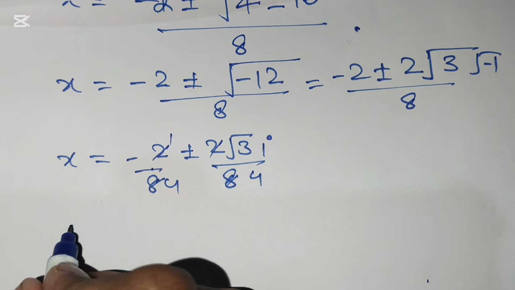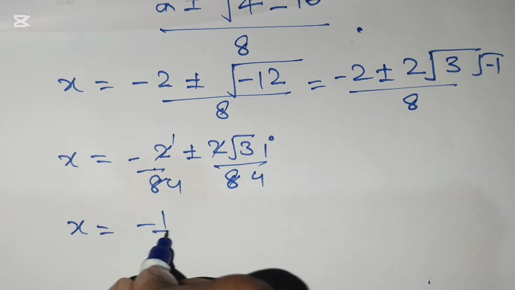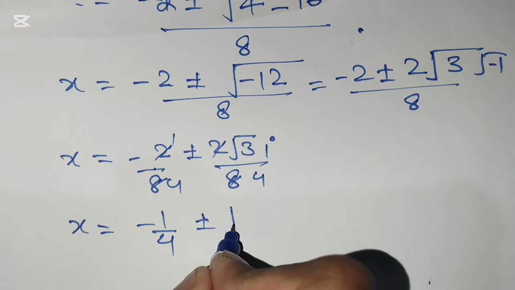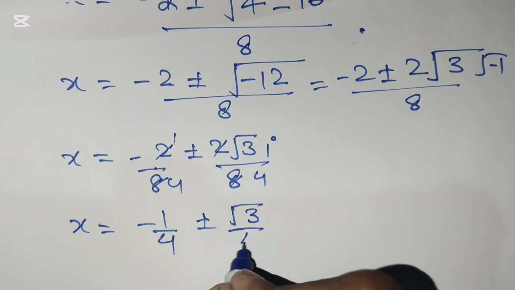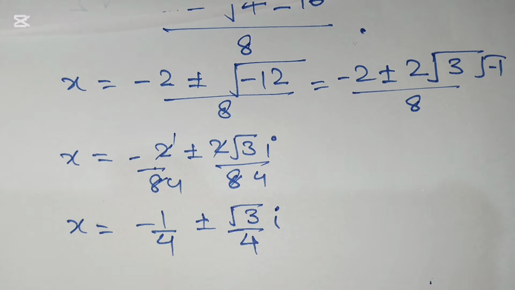So we have x equals minus 1 over 4 plus minus square root of 3 by 4 iota.